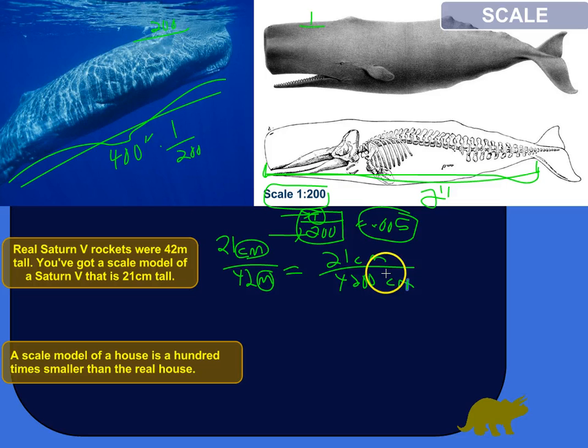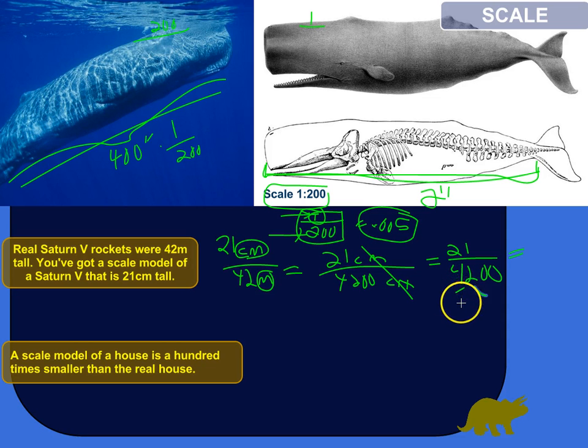So now since the units are the same, I can just cancel them out and just say the scale factor is 21 to 4200. Now I should reduce that, just to get it in the simplest form. So I could factor this out.